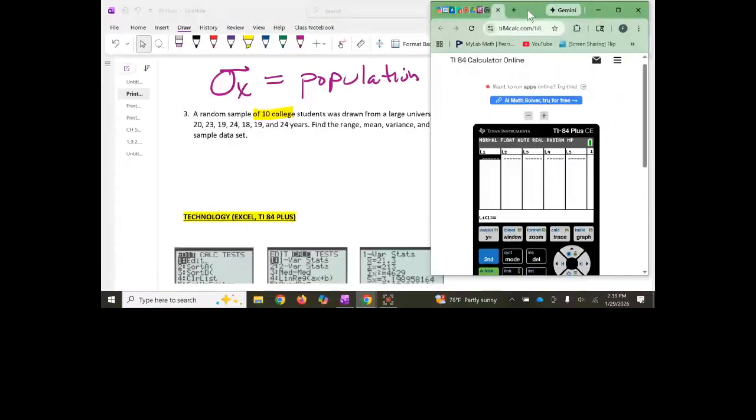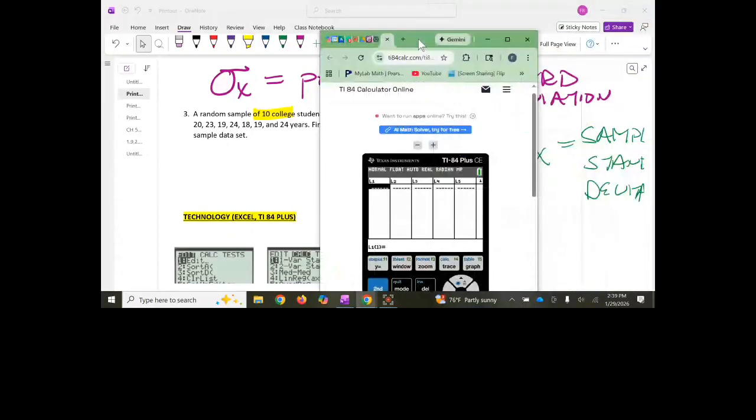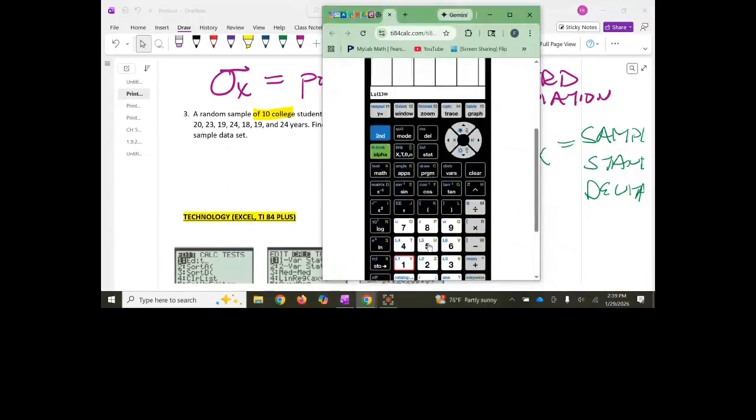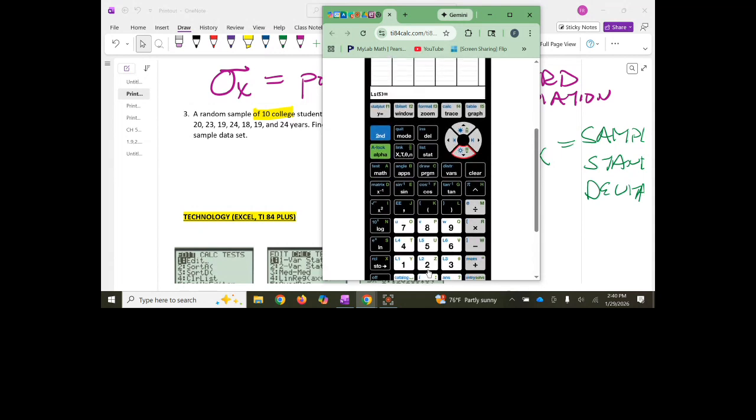Now we're going to start entering these numbers. 22, go down, 17, go down, 27, go down, 20, go down, 23, go down, 19, go down, 24, go down, 18, go down, 19, go down, and 24, go down.